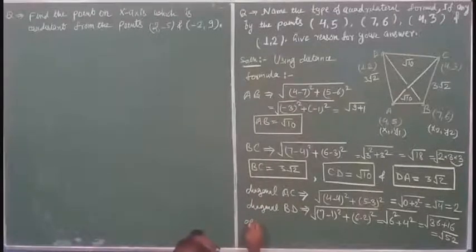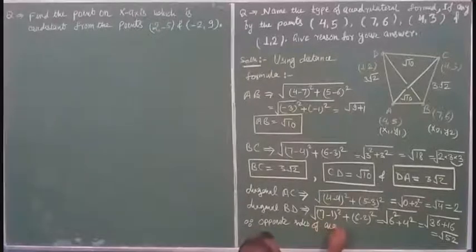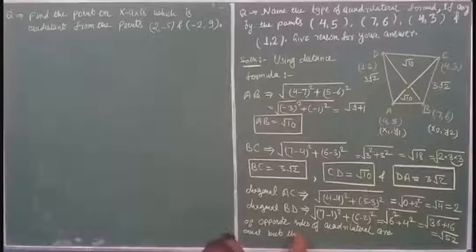Since the opposite sides of the quadrilateral are equal, but the diagonals are not equal. Is it okay?